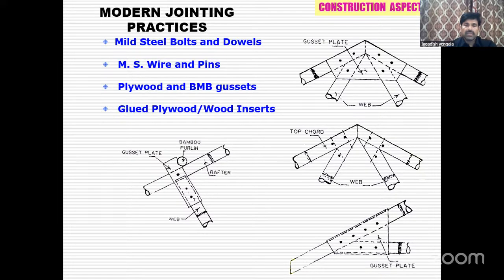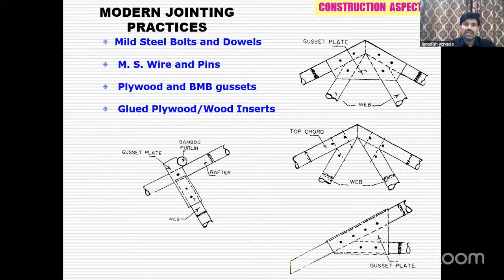To get similar properties, we use bamboo composite board as a gusset plate, or otherwise you can go with marine grade plywood as a gusset plate. Nut and bolts can also be used. What kind of nut and bolt can you use? What kind of board can be used? What may be the thickness?